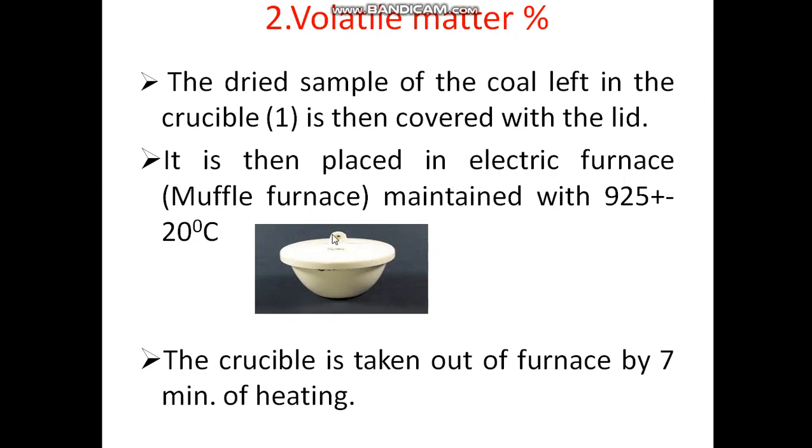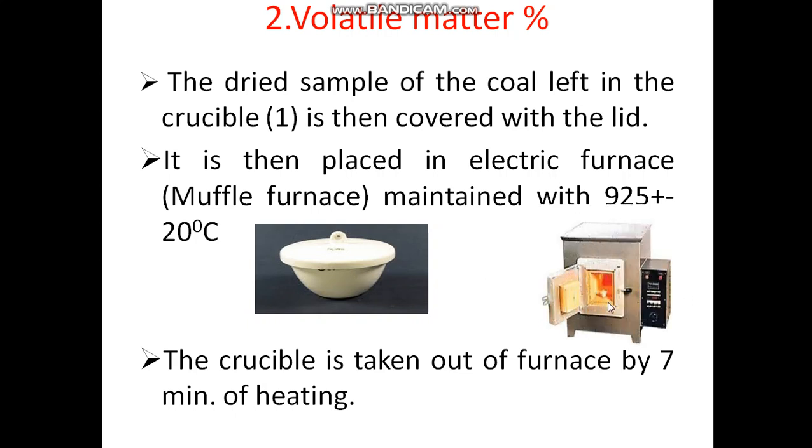This is a crucible which is covered with the lid, with the coal sample left after the moisture content. It is kept in a muffle furnace. The temperature is 925 plus minus 20 degrees Celsius and it is kept only for 7 minutes.